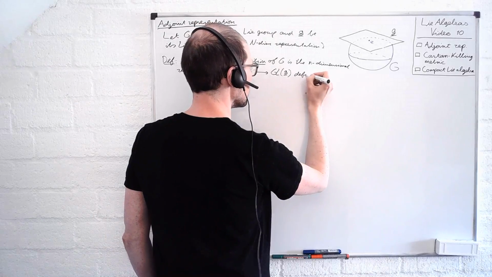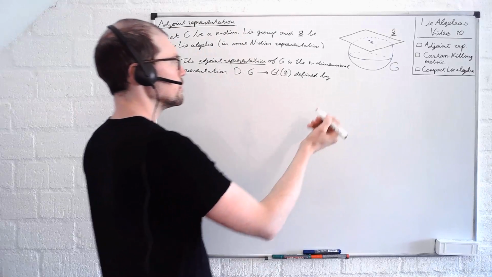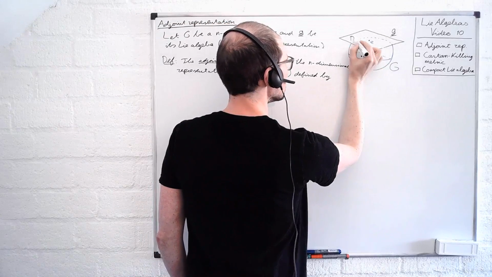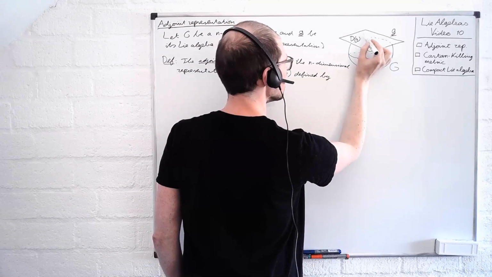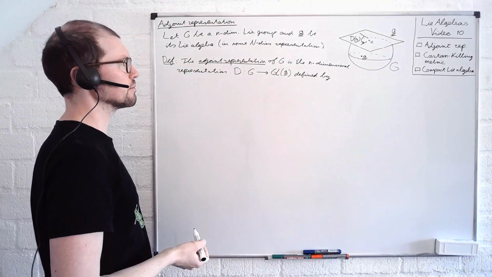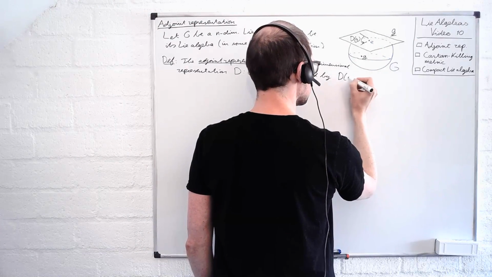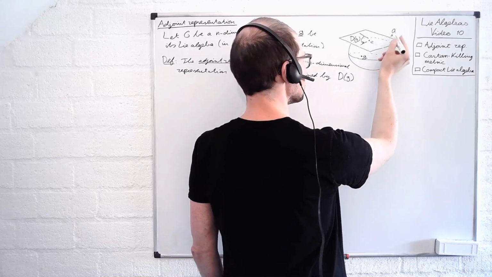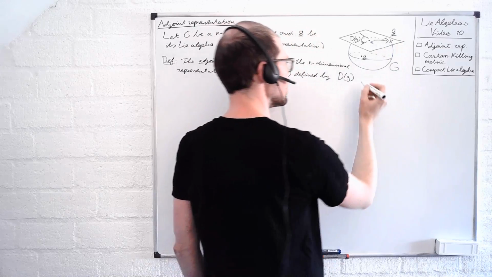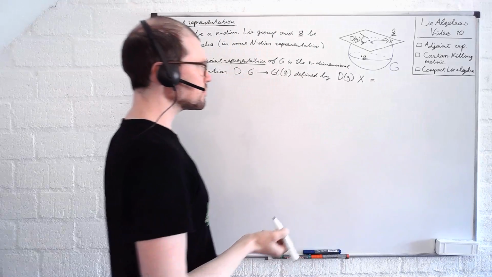It is defined as follows. For each group element g, we should get some linear transformation that linearly maps this vector space to itself. It says that D(g) acting on some generator x does the following.